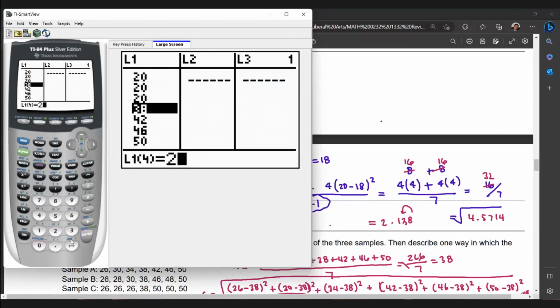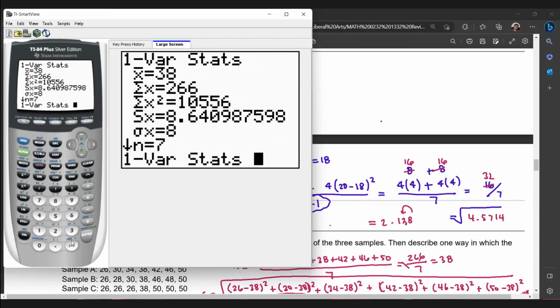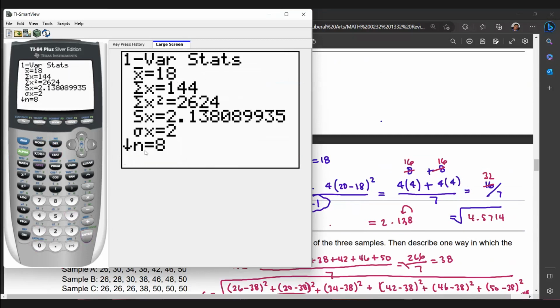There were four 20s and four 16s. Okay, I got all my data in there. And then I go ahead and say stat, count 1, and then bam, there it is. That would have saved us a whole lot of headache.